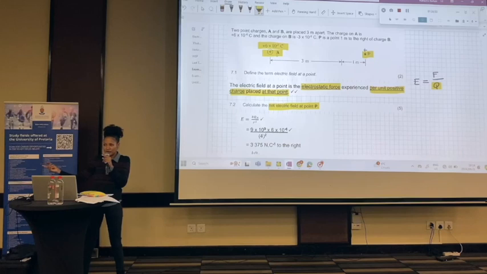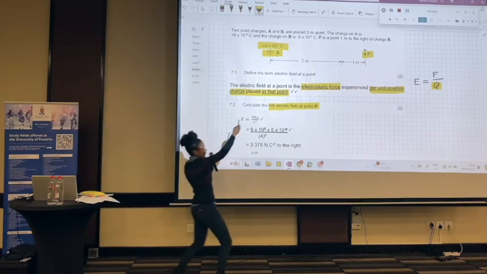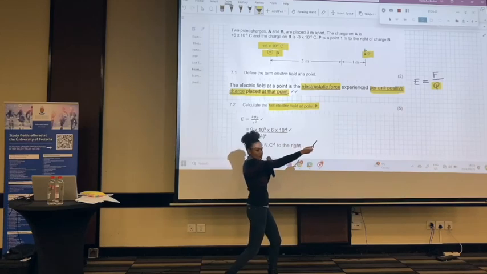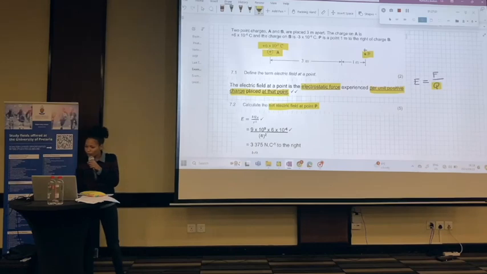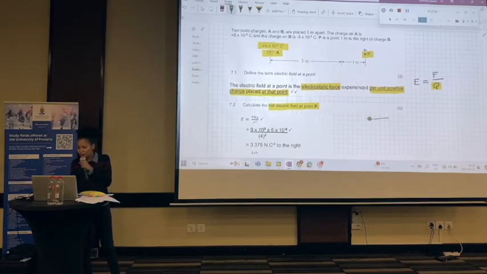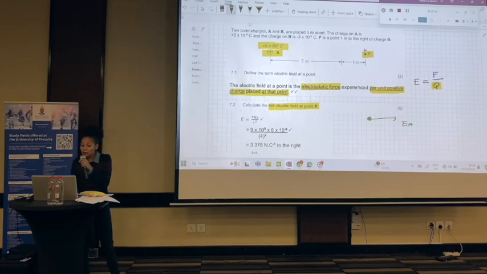A is positive, test charge is positive, so what is A going to do to the test charge? Repel it, it's going to push it away. So I know, and I draw a little diagram for myself showing that the electric field due to A is going to be towards the right. When I'm done with that, I'm now going to cover A.